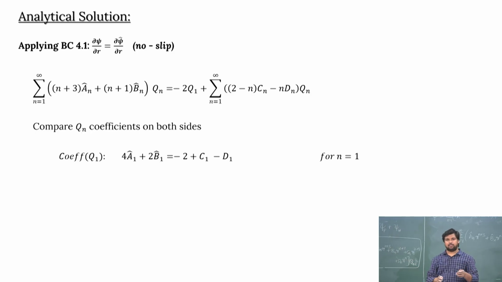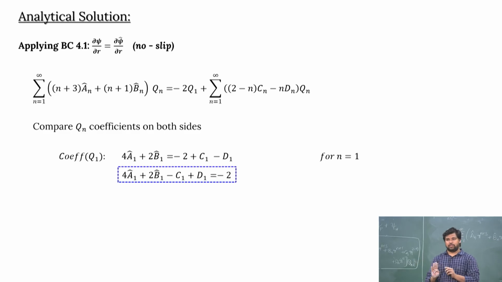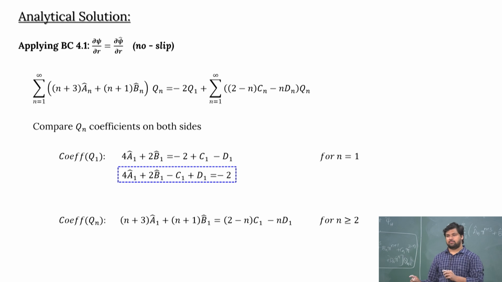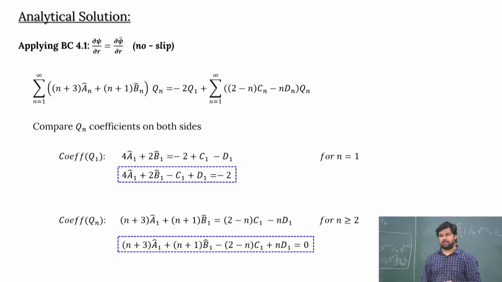This is the Q1 coefficient. If you rearrange, you will get this form. Similarly, for n greater than 2, if you do simplification, you will get these forms. So, these are the final equations, one set of equations.